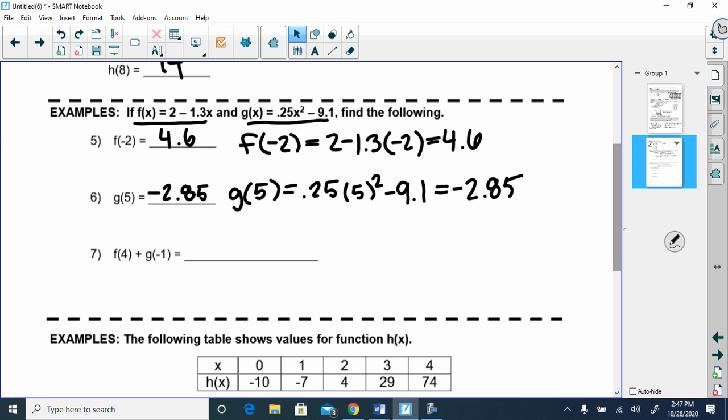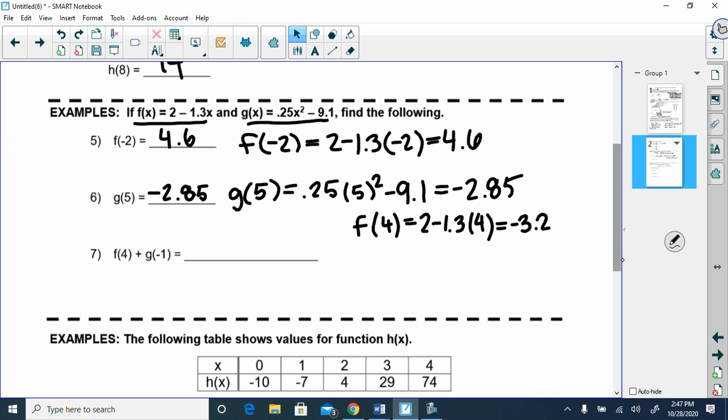All right, and then last one like this, it says we're supposed to have f of 4. Okay, so I'm looking at the f function and replacing all the x's with 4. So I'll have 2 minus 1.3 times 4. What's that going to give me? There we go.